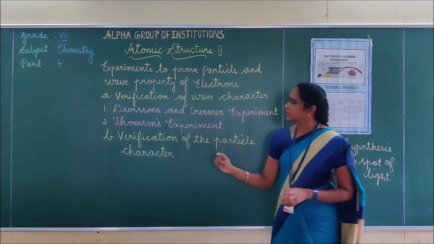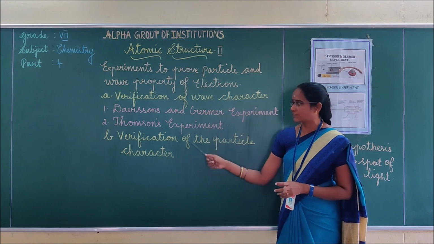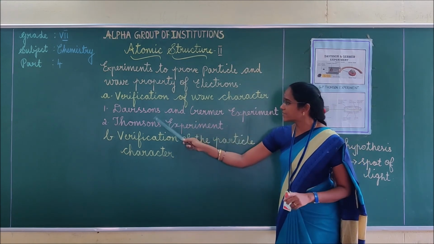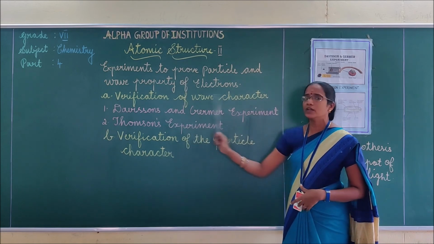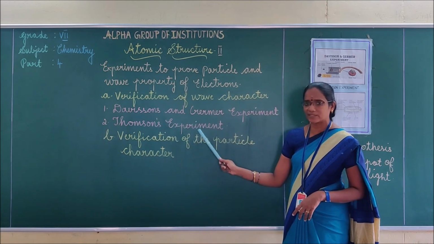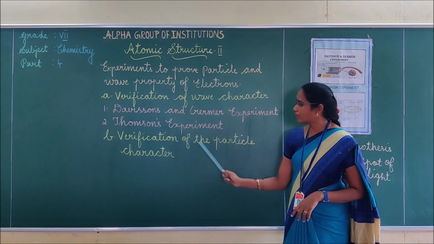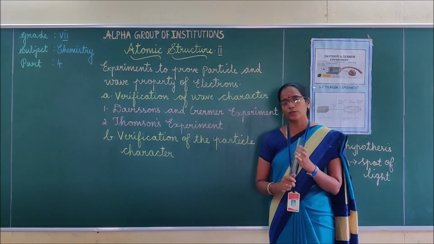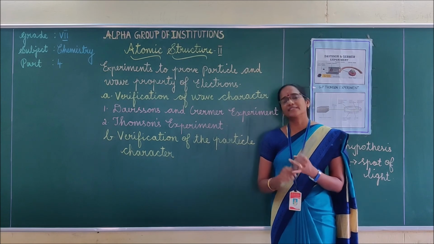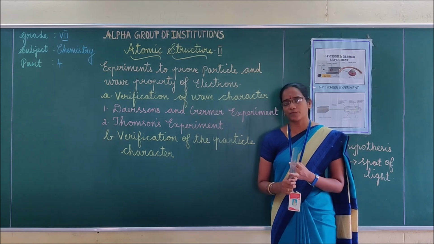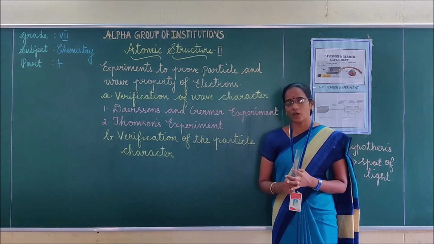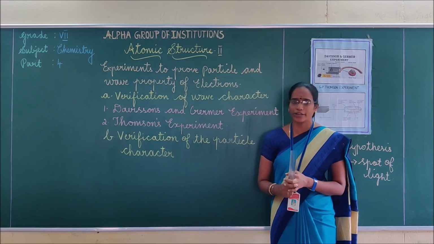So in this session, there are two experiments for the verification of wave character: the Davisson and Germer experiment, and Thomson's experiment. For the verification of particle character, there are three: the zinc sulfide screen, Millikan's oil drop experiment and J.J. Thomson's experiment, and the occurrence of the photoelectric effect and black body radiation.